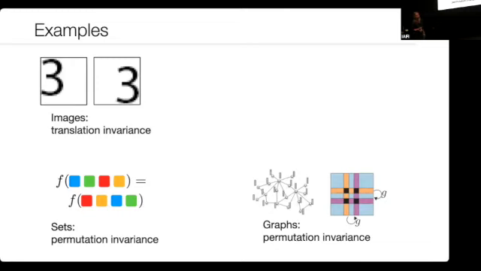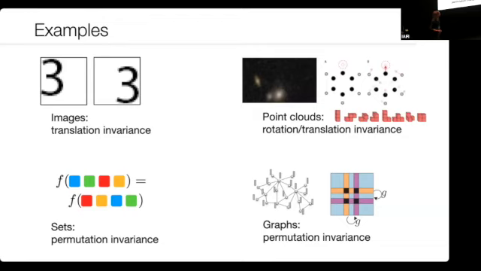In graphs, we also have permutation invariance. There, I have to input the adjacency matrix of that graph into my neural network, and that means I'm imposing some kind of random order on my nodes. But the order of the nodes doesn't really matter. I can permute that adjacency matrix, and it still encodes the same graph, so I want still the same output. And then there are other invariances like rotation and translation that Tess has talked about before.